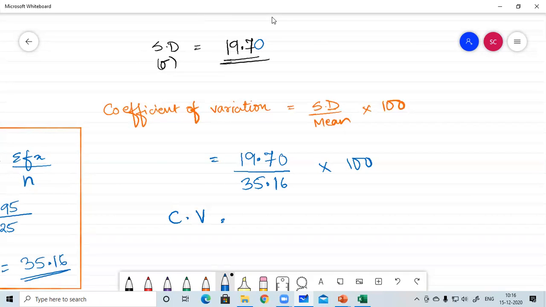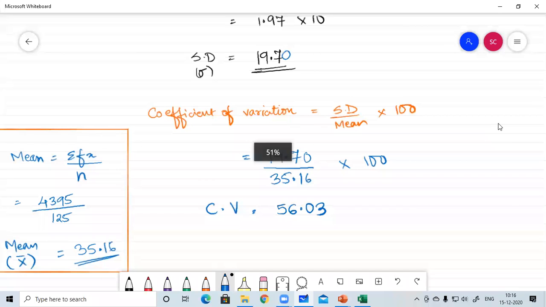So we have 19.7 divided by 35.16 into 100. You get your answer as 56.03. Is that clear? Yes, sir. Okay.